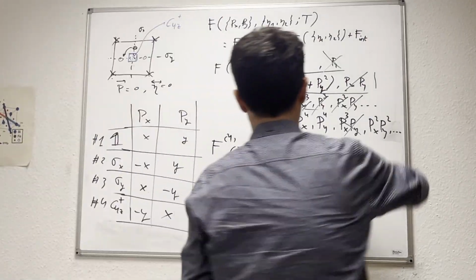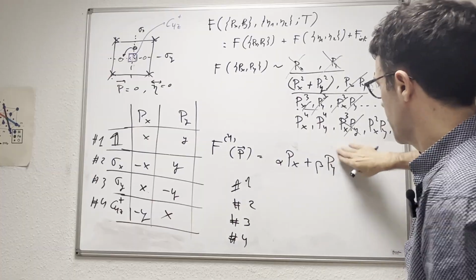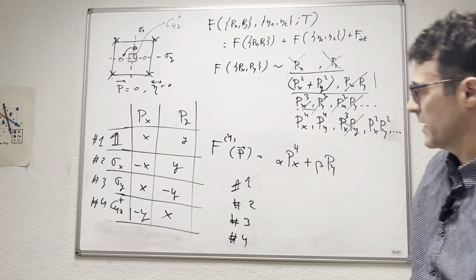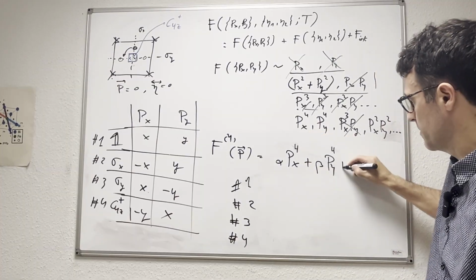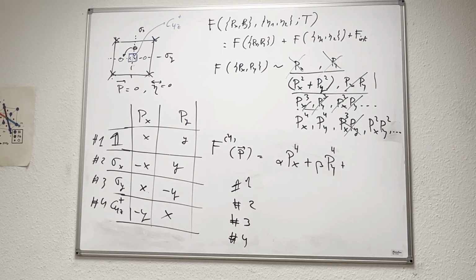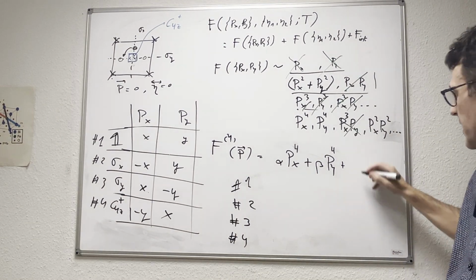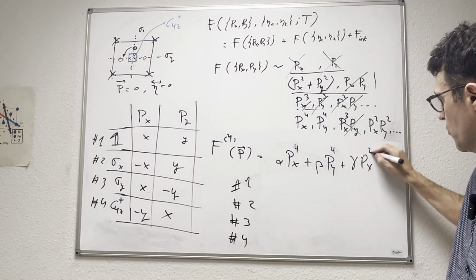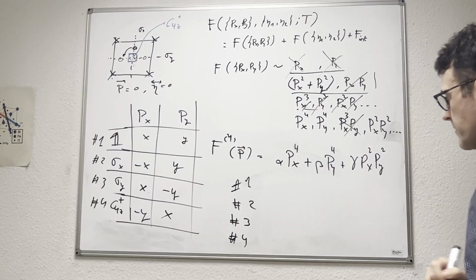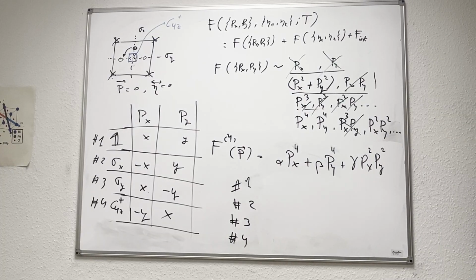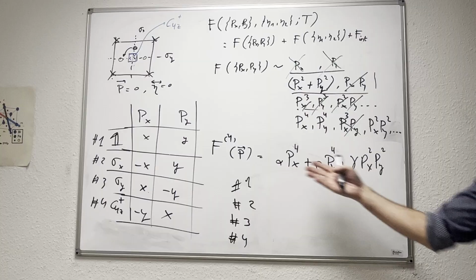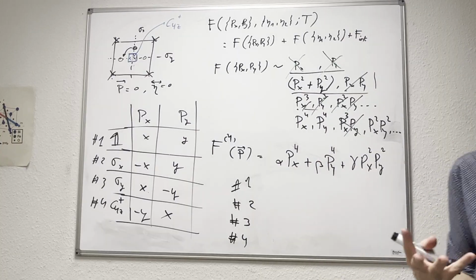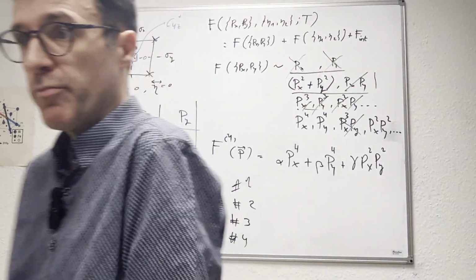So in principle, what can I have here? I can have a term like px to the fourth, py to the fourth, but now I have more. At the very least, I have this term, gamma px squared py squared. And that's really all there is, because any other combination will involve some odd power, which we know cannot happen.